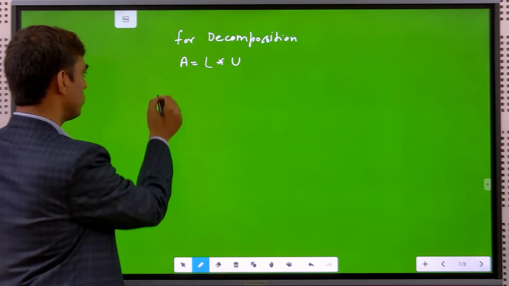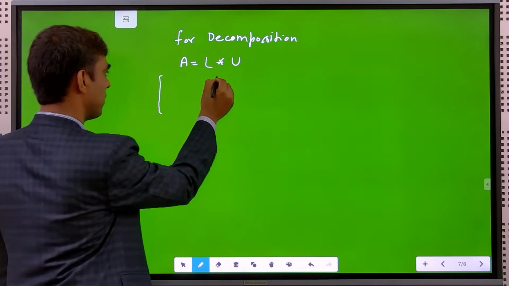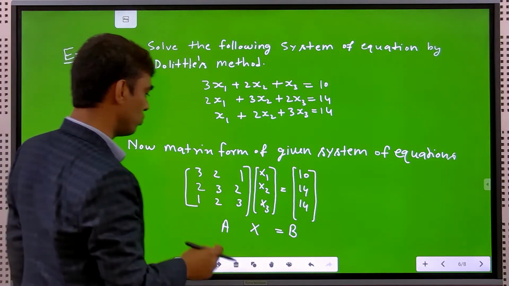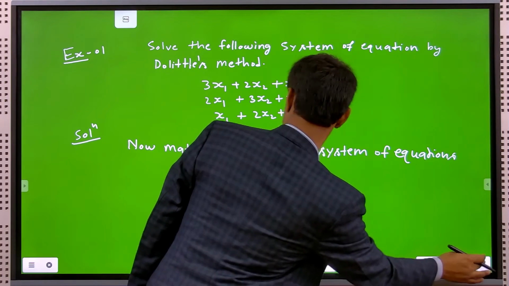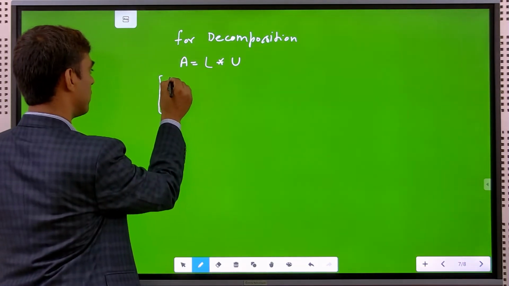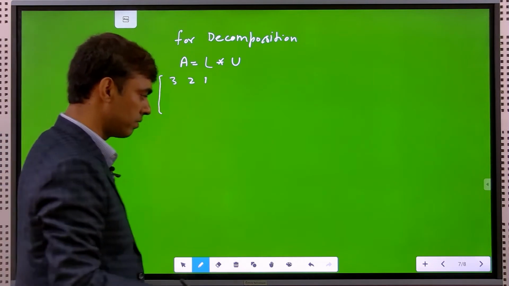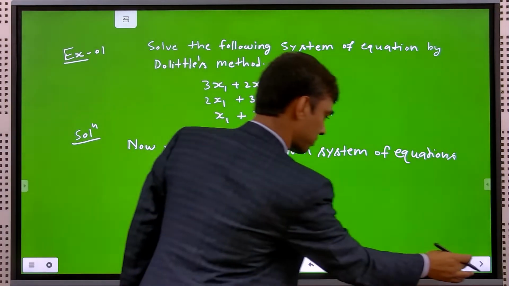Now, we write the values of A here, and we know the values: 3, 2, 1, 2, 3, 2. First we write the elements of the first row: 3, 2, 1. Then the elements of the second row: 2, 3, 2.